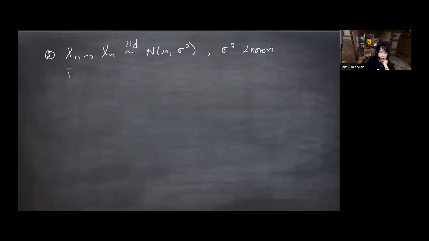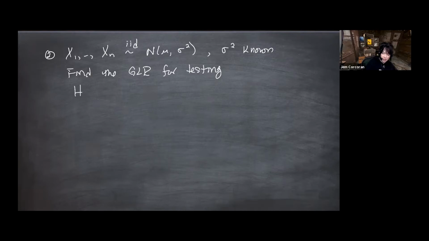I want to find the generalized likelihood ratio for testing, so I want to move up to a composite null hypothesis. Let's say mu less than or equal to mu naught versus mu greater than mu naught.